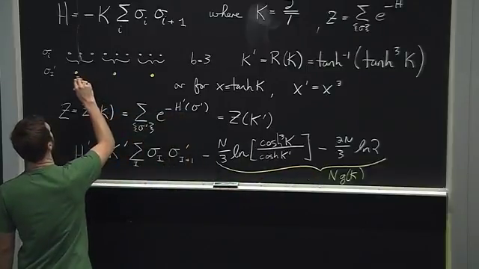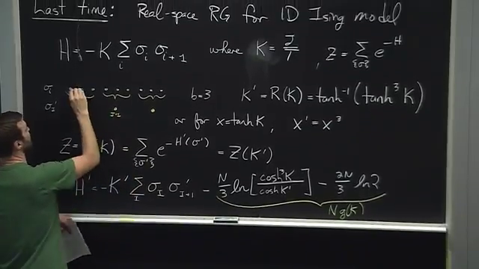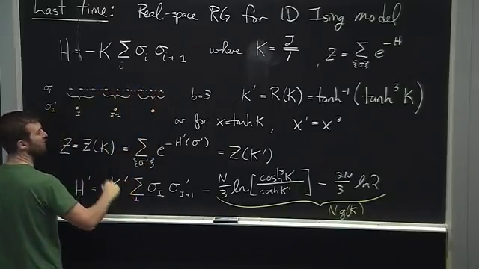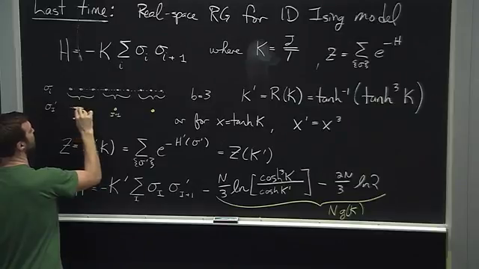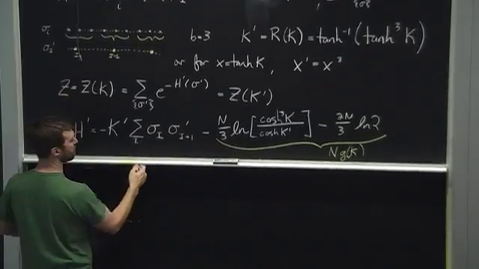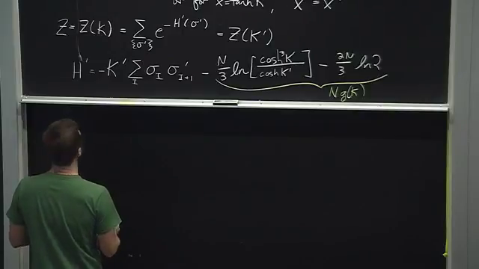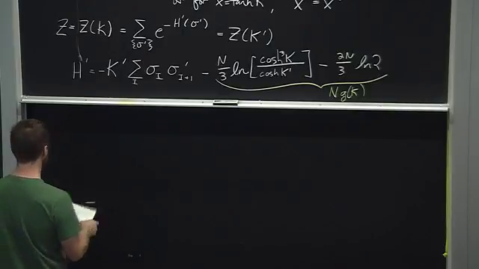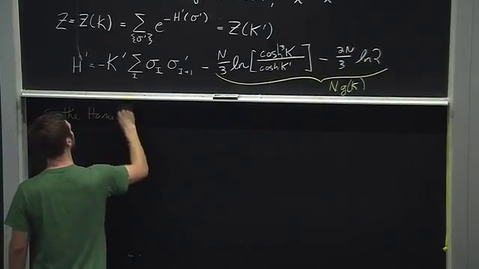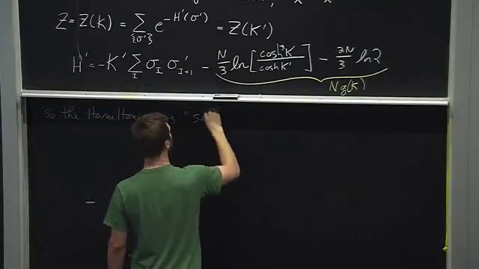So if this is I plus 1 here, the interaction's gone from nearest neighbor at the first RG level to nearest neighbor after one step of coarse graining. So that's called self-similarity.